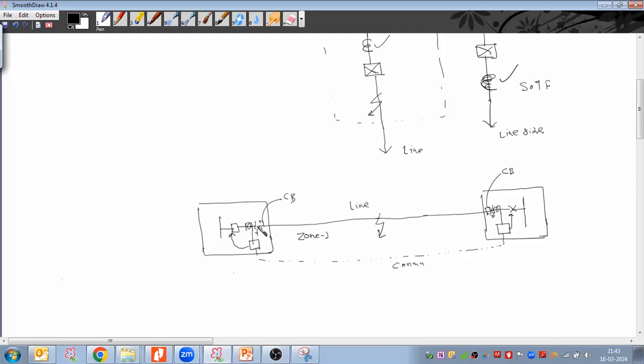So if the breaker is here after the CT, even though the fault happened at your breaker terminal or in your local substation, your relay unnecessarily sends a tripping command to the remote substation.